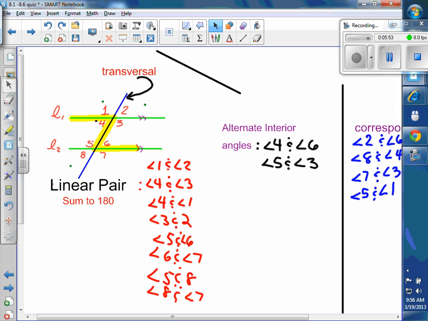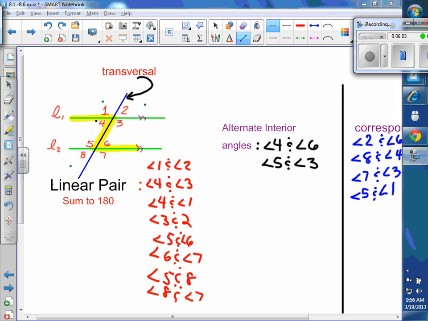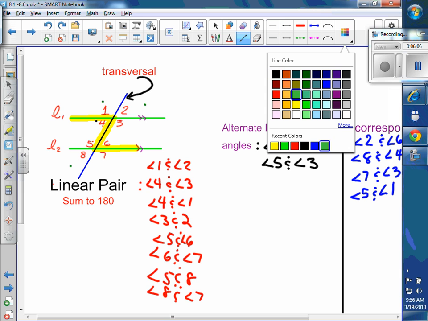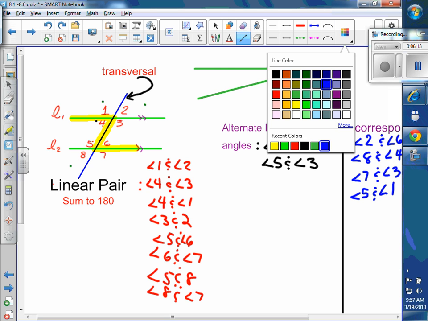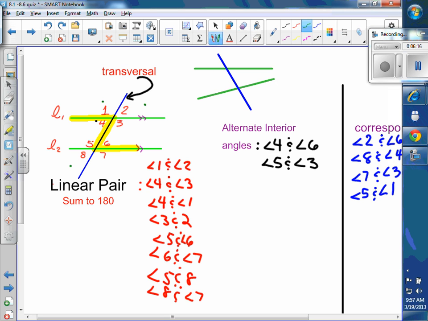If I had a different picture, two lines that were not parallel and a transversal, numbered the same way, 1 through 8, 4 and 6 are still alternate interior angles, but they're not the same.